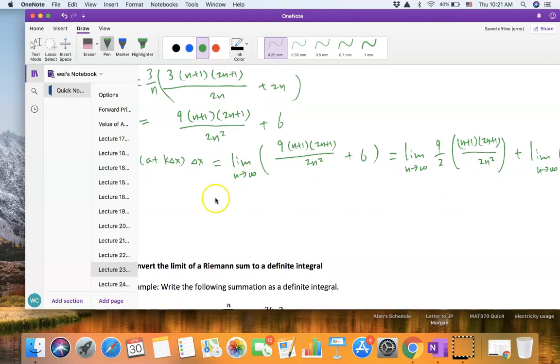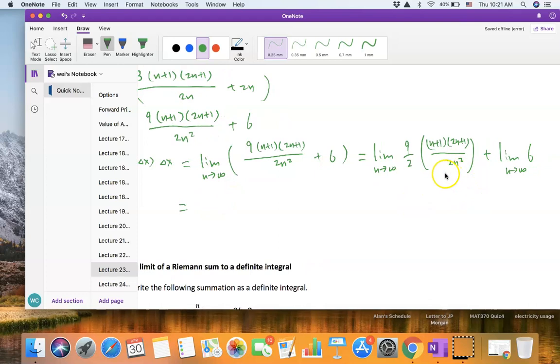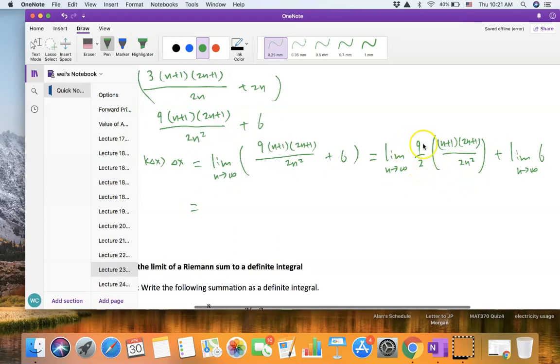Alright. So for the 9 over 2, since this is a constant, we can write it outside the limit.